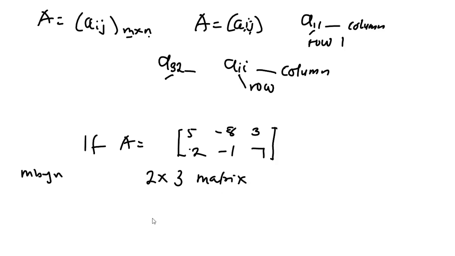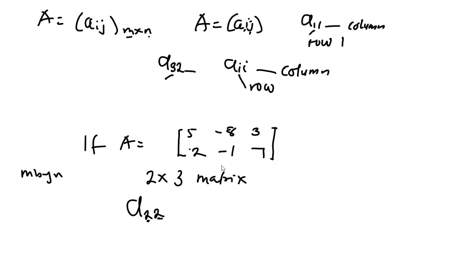Now let me ask you this. Find the entry. The elements in the matrix are called entries. So find the entry A22. Where can you find that? It means that we are going to look at the entry at row 2, column 2.